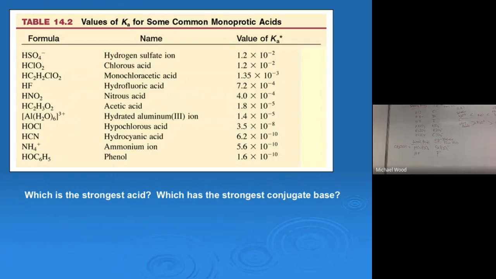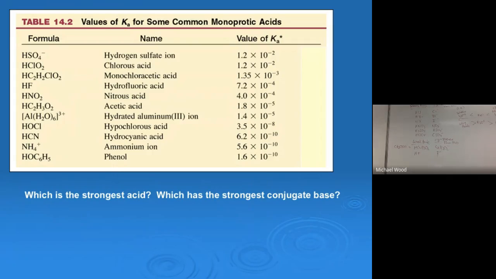Okay, now this question, which has the strongest conjugate base? Well, that would be the weakest acid. What's the weakest acid on this table? Again, I keep looking at the exponents. Down here, all of these are -10. Which of these has the smallest number?